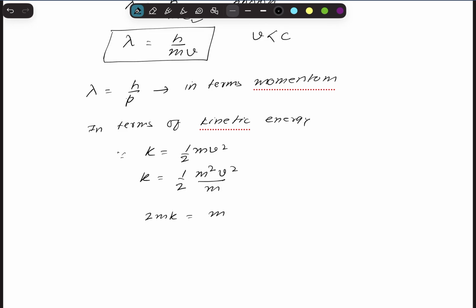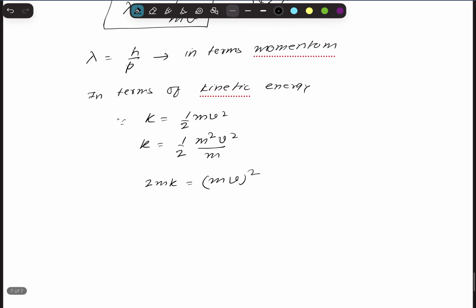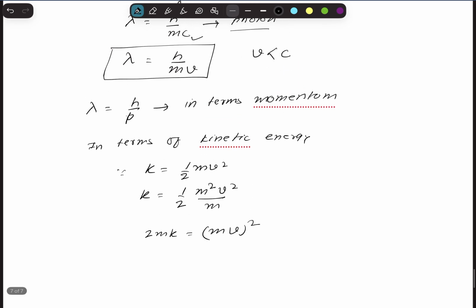Am I clear? So (mv) whole square. Why multiply? Because I need to get this mv, and here with m, I don't have a square, so I cannot bring them together. If I make a square with m, then mv I can write as a whole square. It is just a manipulation here.